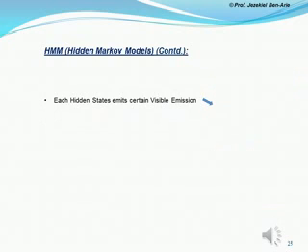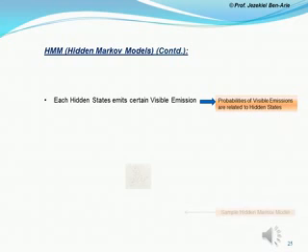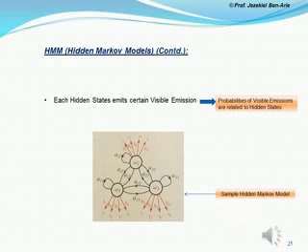The probabilities of visible emissions are denoted by Bij in the diagram. V1, V2, V3, and V4 are the possible visible emissions from the hidden states, and the values on the visible emissions arrows correspond to the emission probabilities Bij.